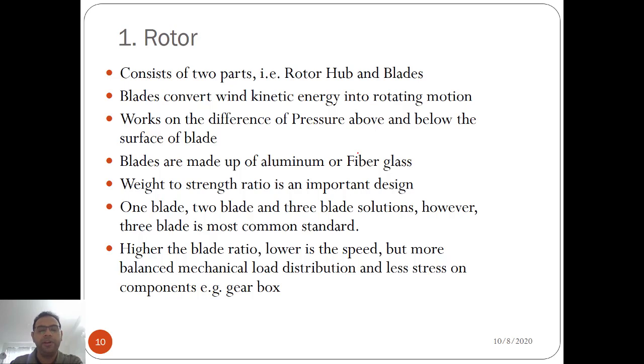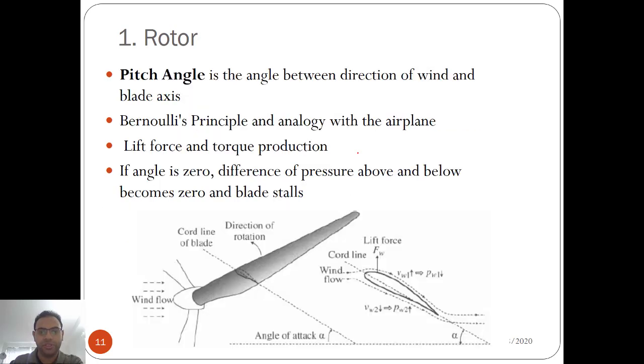So higher blade count means lower speed, but more balanced mechanical load distribution and less stress on components. Because if there is more stress on the components, it will also reduce their lives, and there are chances that the gearbox and other components which experience this stress may undergo damage.